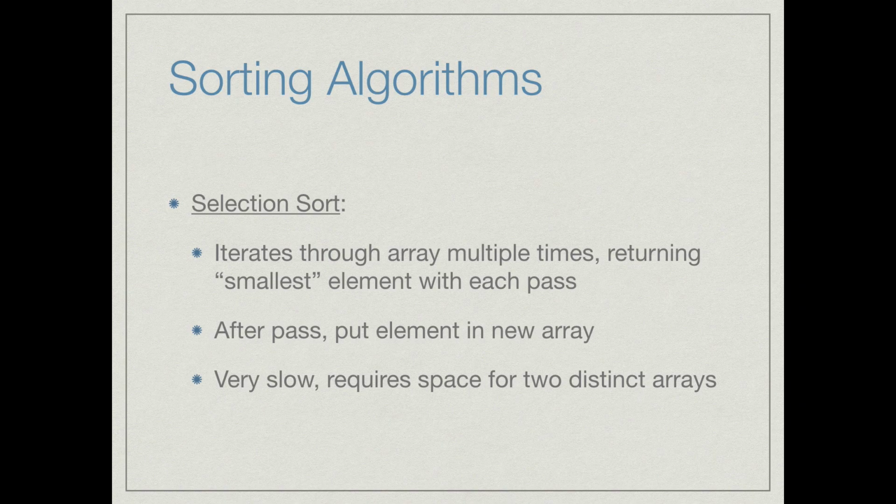Unfortunately, this tends to be a very slow process and rather resource intensive because it requires space for two distinct arrays. So if your array is rather large, then you're just doubling the storage that you must have in order to make this algorithm happen.